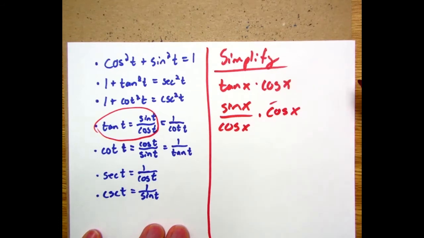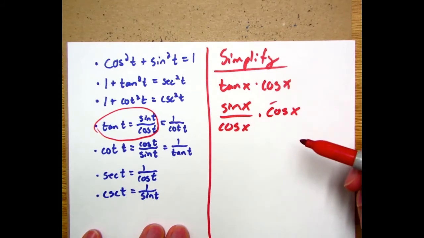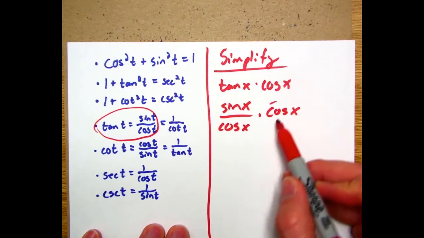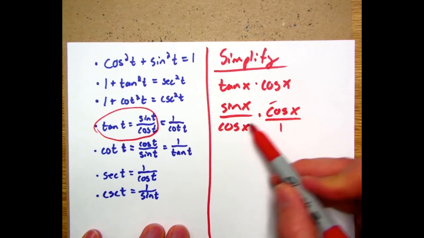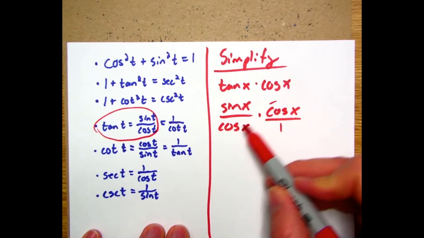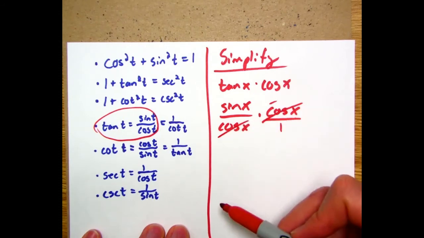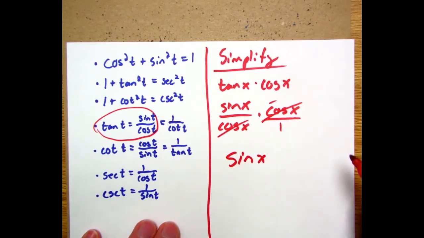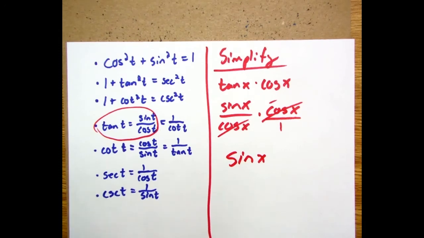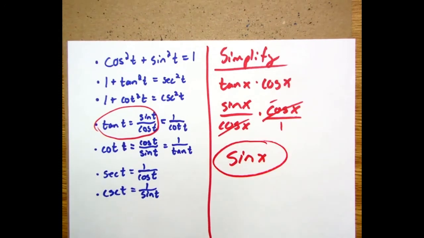Okay, so now we might be able to do some simplifying. In fact, if I turn this into a fraction, a lot of you will recognize that since I'm multiplying fractions and I have a cosine on either side, they can get canceled. So then I just have sine of x divided by 1, which hopefully you all know is sine of x. So that is the simplified version of that.